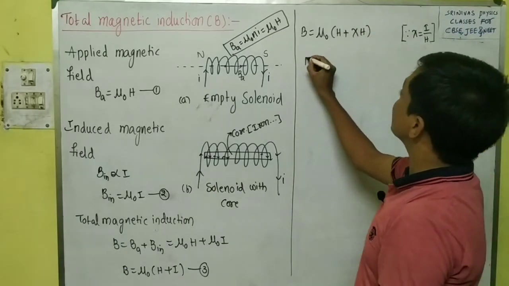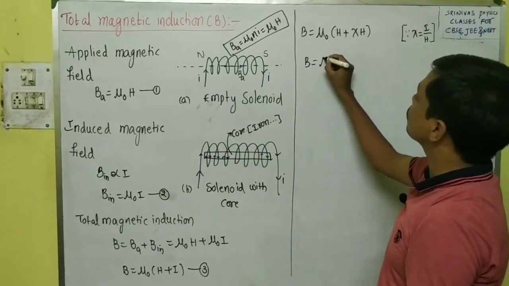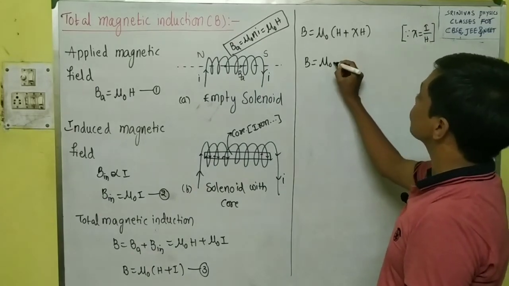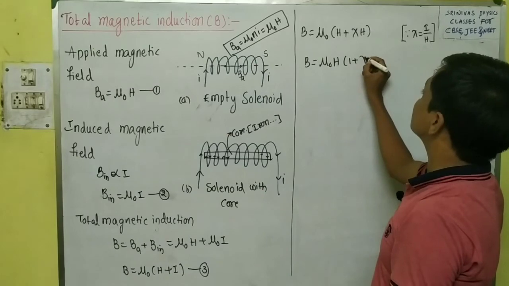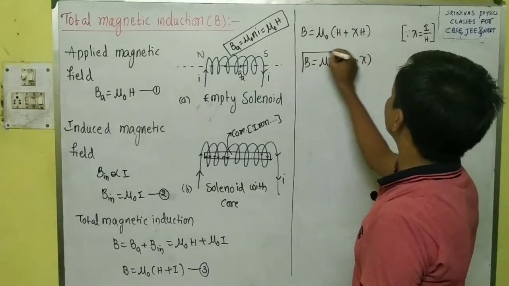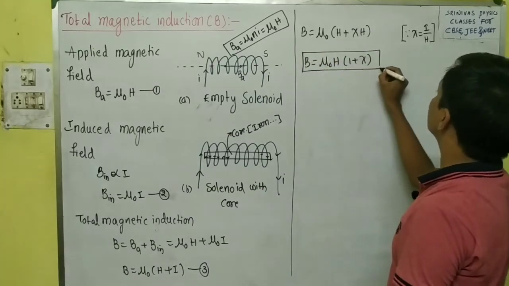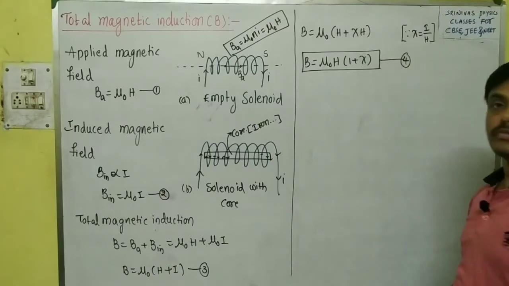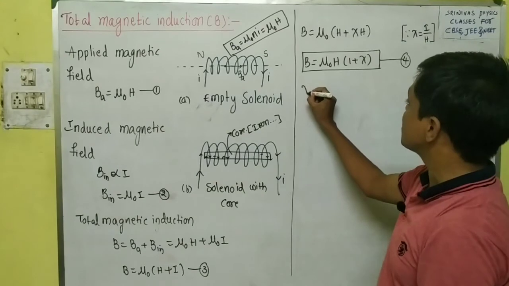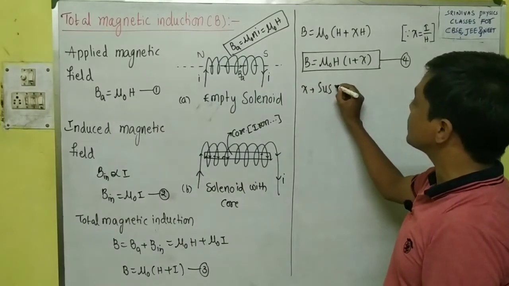And then we get B equal to, taking mu naught H common, mu naught H times 1 plus psi. This is the net magnetic induction. This is equation 4.